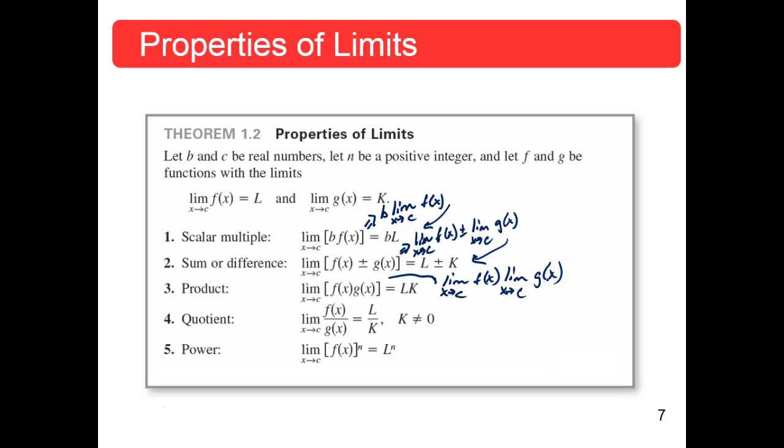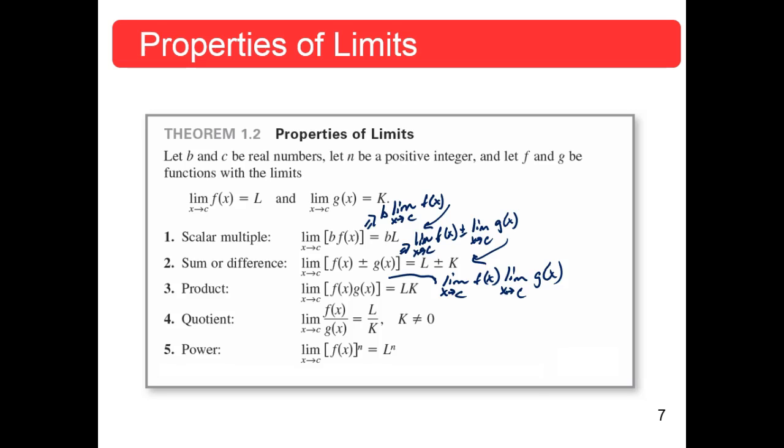So in other words, the limit of a product is the product of their limits. Same thing here, almost: the limit of a quotient is the quotient of the limits, the limit of f of x divided by the limit of g of x, with this one caveat. K can't be 0. That limit as x approaches c of g of x cannot be 0. Otherwise, this makes no sense.